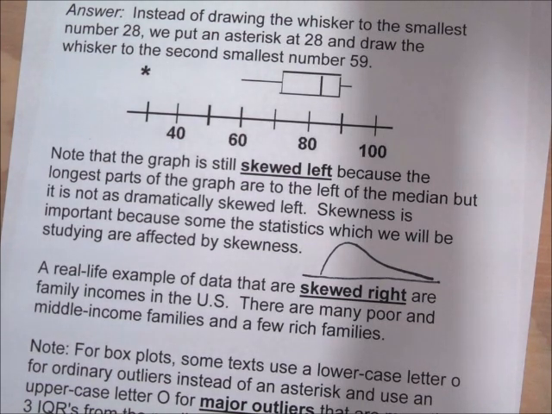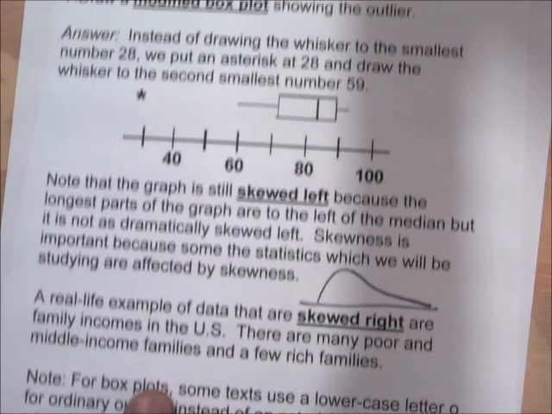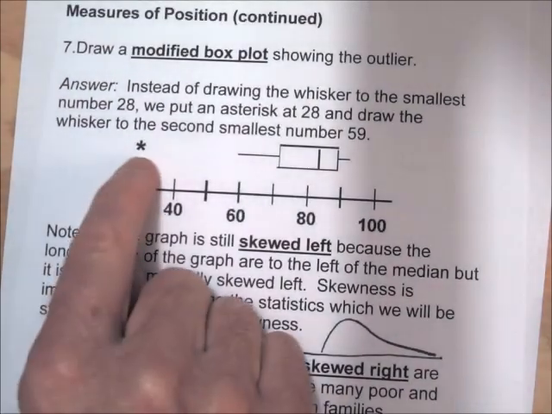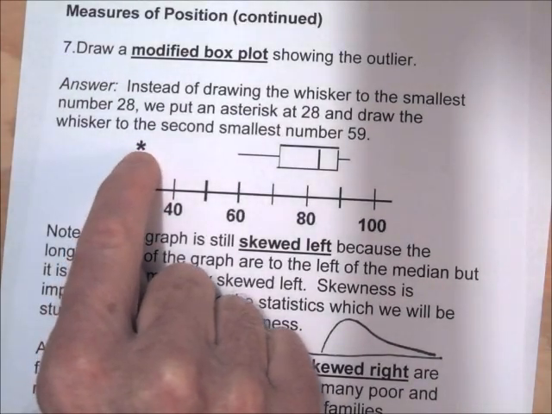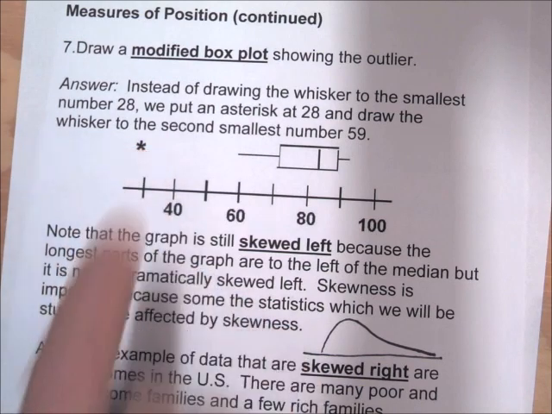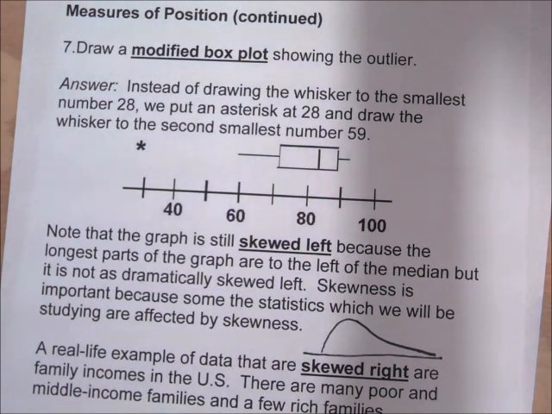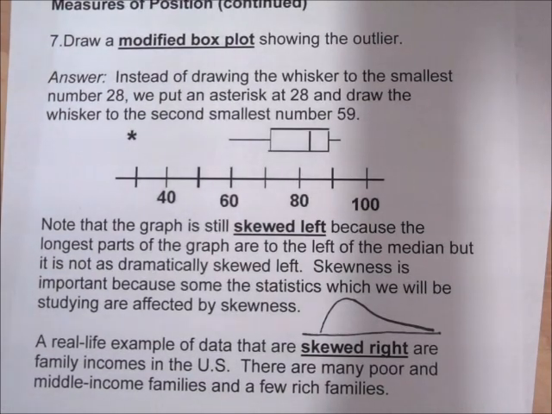Another comment about the modified box plots. Some books use lowercase o for an ordinary outlier. That would be this 28 here. They would use an uppercase O for a major outlier, which would be more than 3 interquartile ranges away from the quartiles.